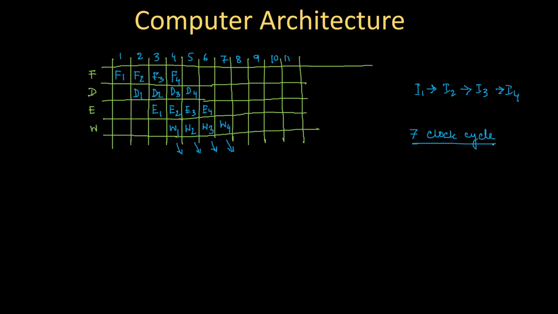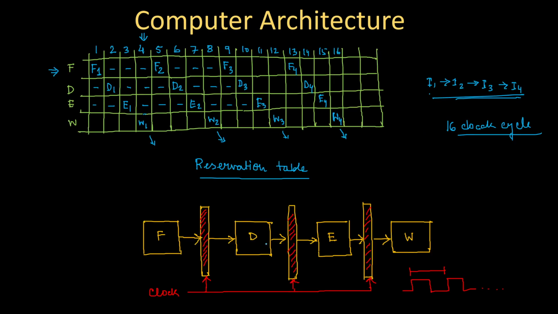So numerically we can realize that with only 4 instructions I can save 9 clock cycles, right? And this is the benefit of this particular technique.